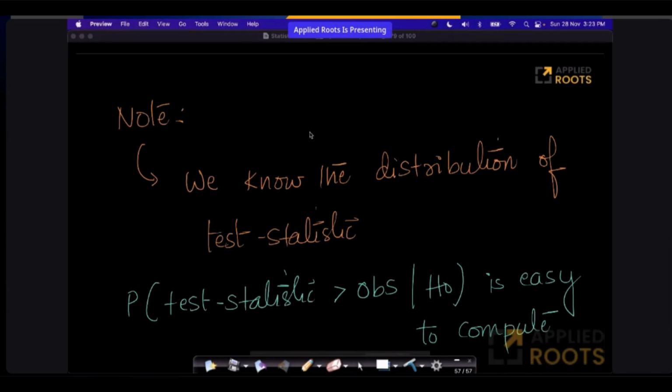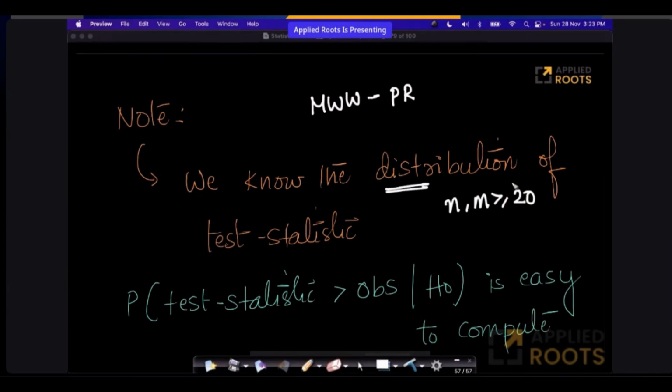Now, remember, there's a fundamental difference between Mann-Whitney U and our permutation testing or permutation resampling test. In the case of Mann-Whitney U, we know the distribution of the test statistic when n and m are reasonably sized.